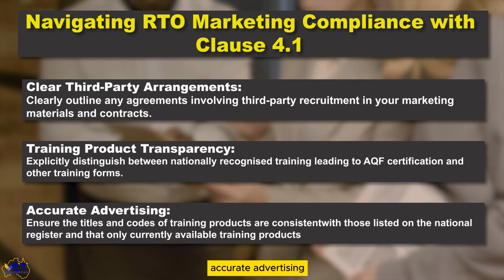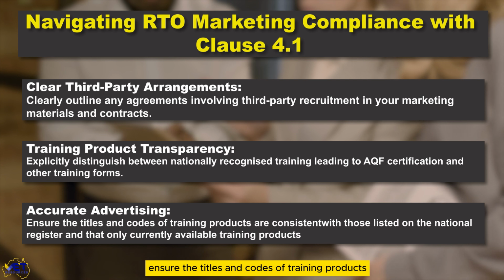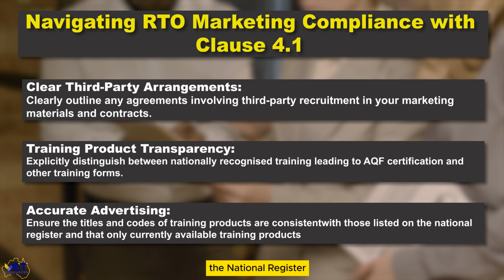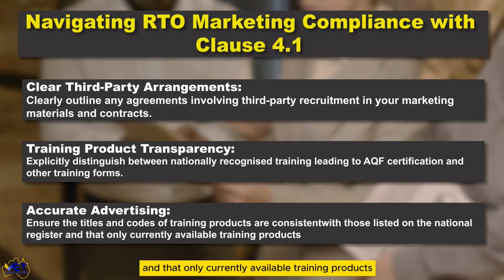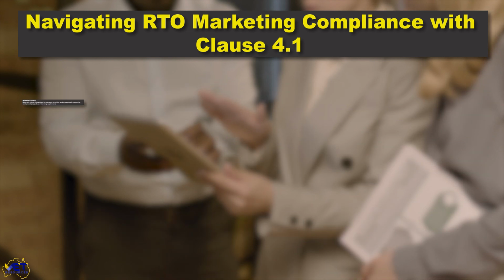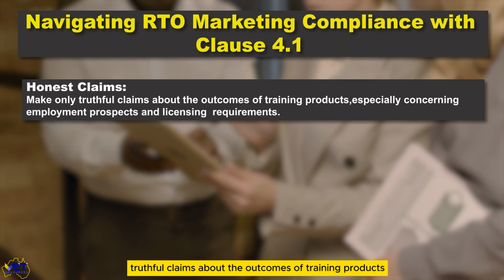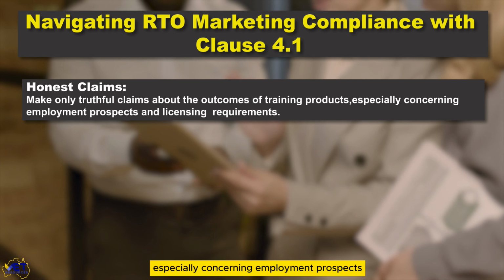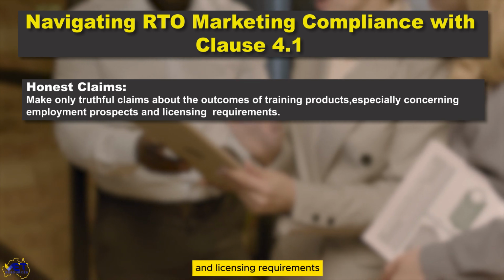Accurate advertising. Ensure the titles and codes of training products are consistent with those listed on the National Register and that only currently available training products are advertised. Honest claims. Make only truthful claims about the outcomes of training products, especially concerning employment prospects and licensing requirements.